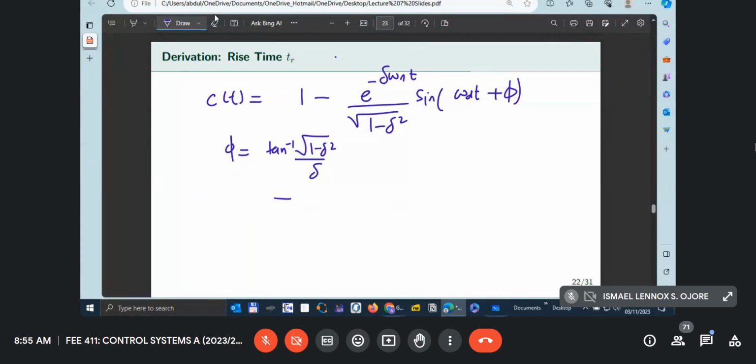So we can write it like this: c(t) for t equal to t_r, we have 1 because it has reached 100%, and our desired output is 1 unit step. So c(t) is equal to 1. So what we can do, we can plug 1 here.